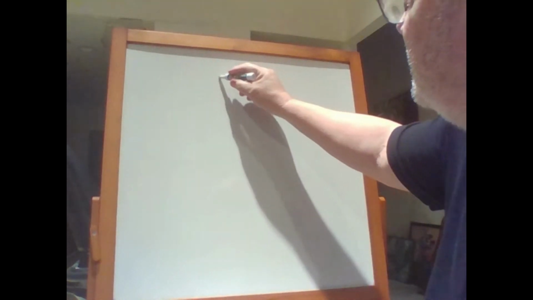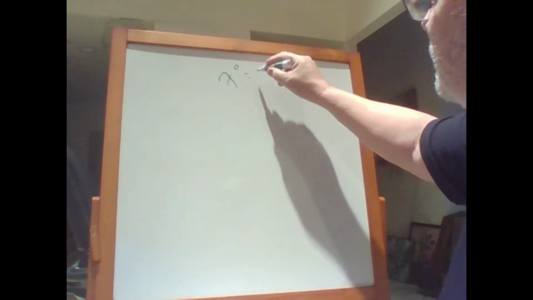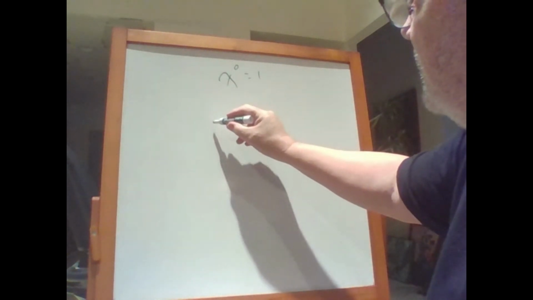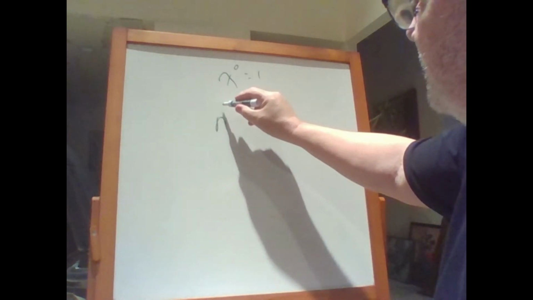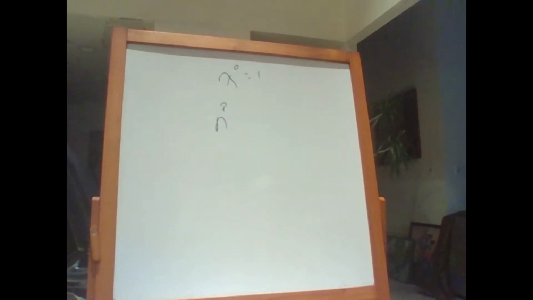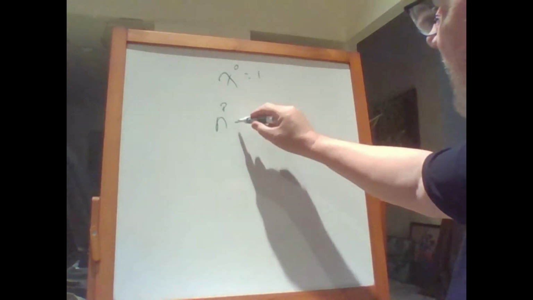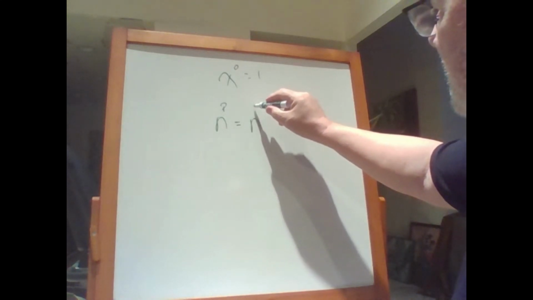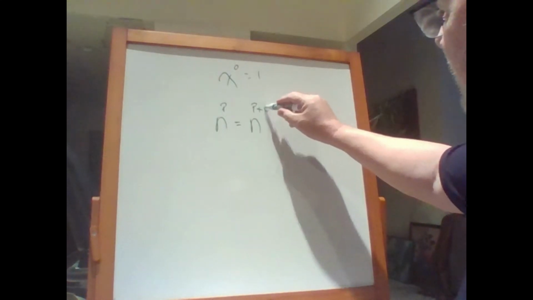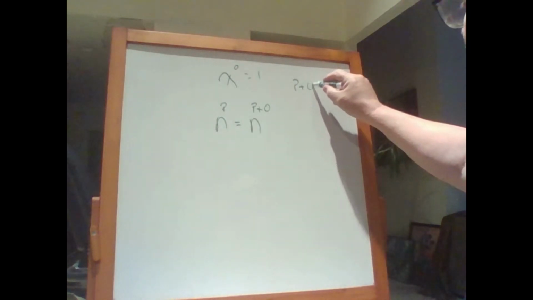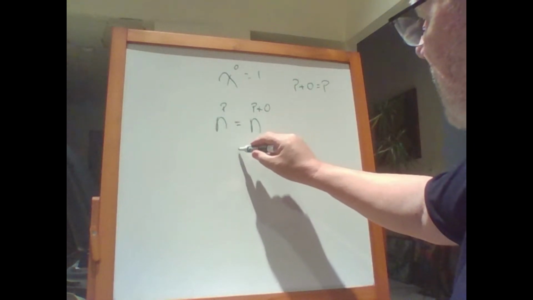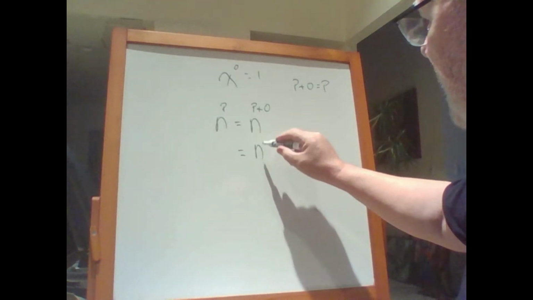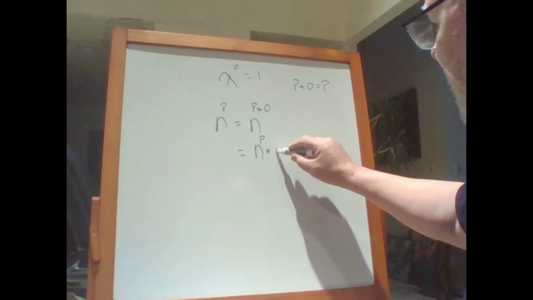Okay, so we're demonstrating x to the 0 equals 1. Well, what if we had n to some power p? That's always the same as n to the p plus 0, because p plus 0 equals p. So, by our law of exponents, this is the same as n to the p times n to the 0.